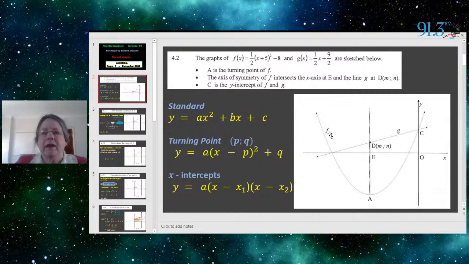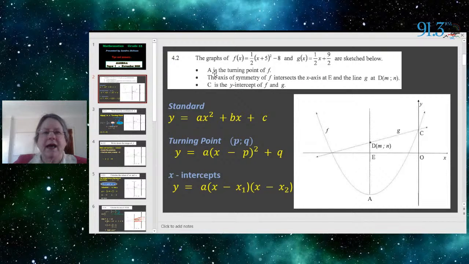Then we have a second graph, g(x). We look at the g, and we look at the g on our question paper, where I'm pointing now, and that is a straight line. So for this question, we're dealing with a parabola as well as a straight line. Now they're giving us a hint here.